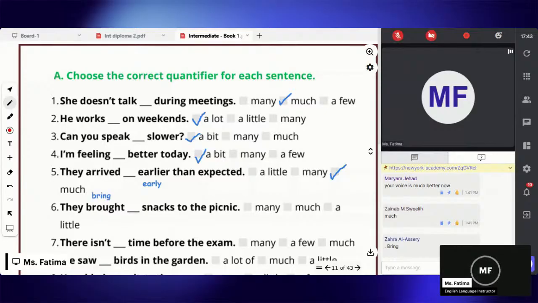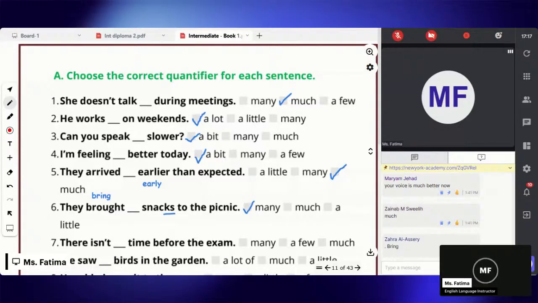So they brought many snacks to the picnic. Miss, why not much? Because snacks is a plural, countable noun. Okay?